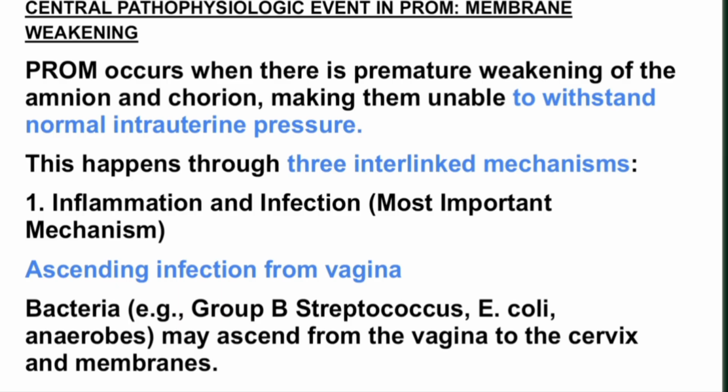PROM occurs when there's premature weakening of the amnion and the chorion, making them unable to withstand normal intrauterine pressure. The first mechanism we'd like to talk about is inflammation and infection.